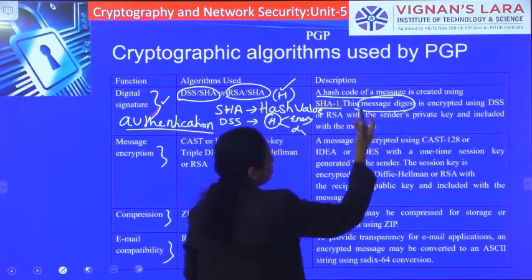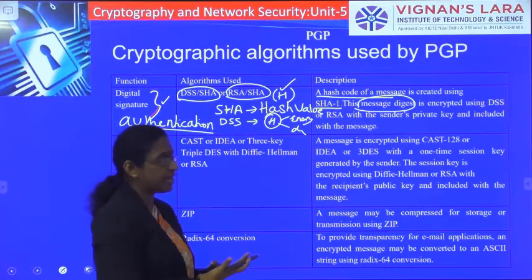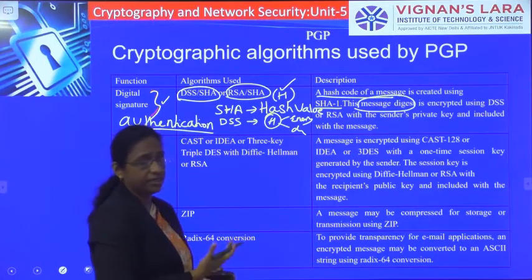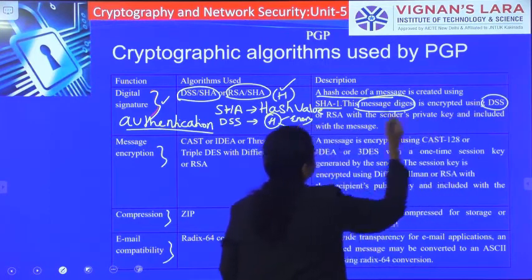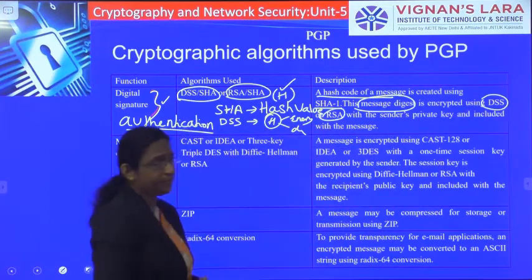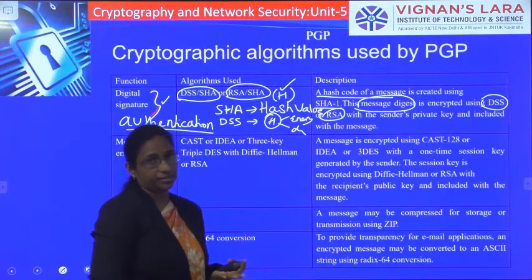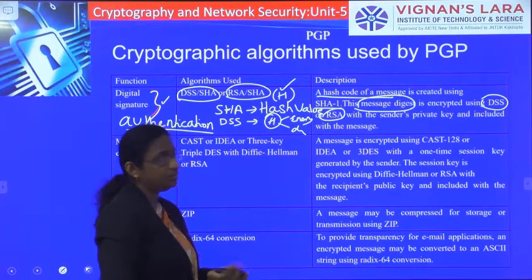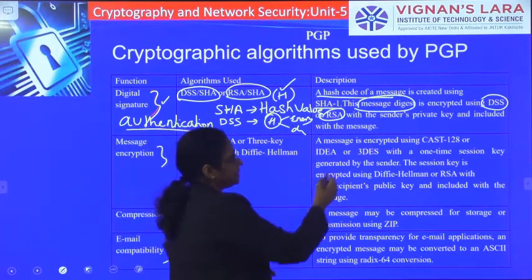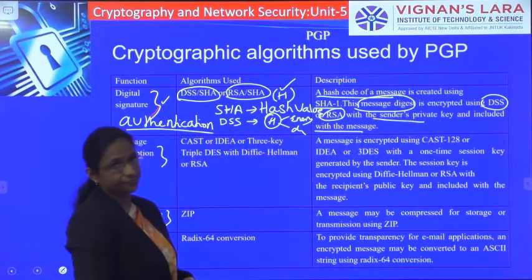This message digest, or hash code, is encrypted using the DSS or RSA algorithm, where you will be using the sender's private key, included with the message.